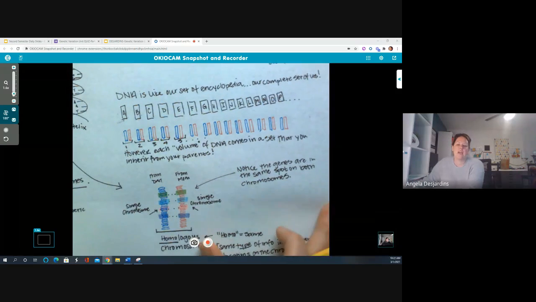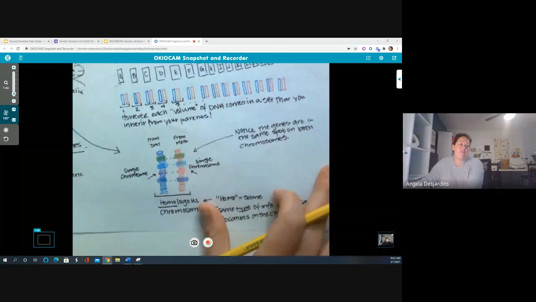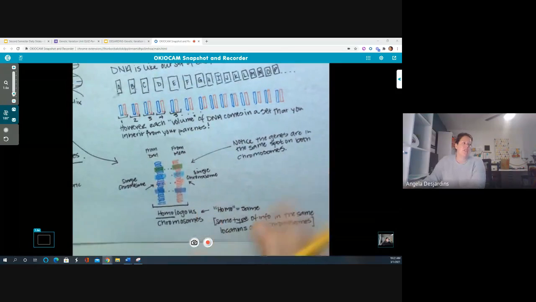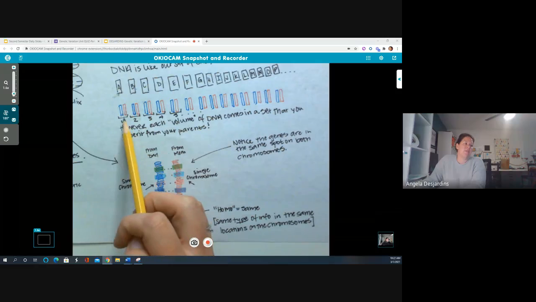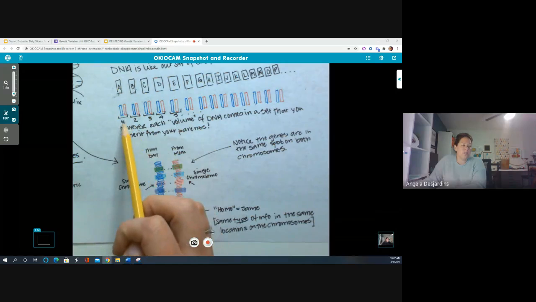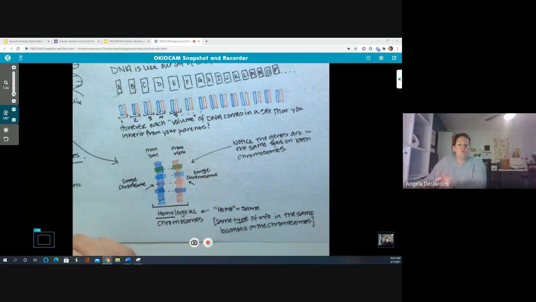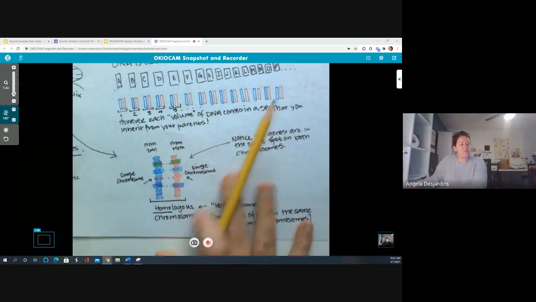All right. Now here's where we get into the next piece, where we're looking at vocab. Remember I said these come in pairs, one from dad, one from mom, one from dad, one from mom. Each one of these volumes, or chromosome sets, or pairs, has a unique set of information. Let's say this is chromosome set number 1.